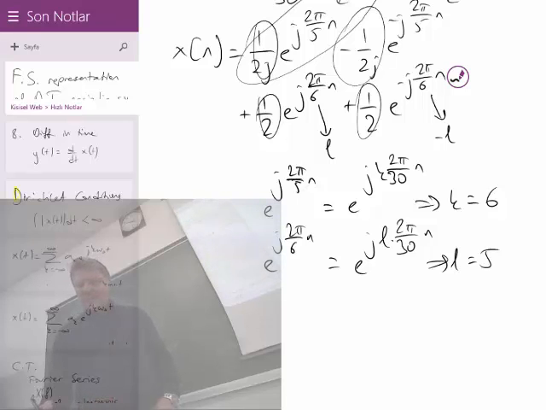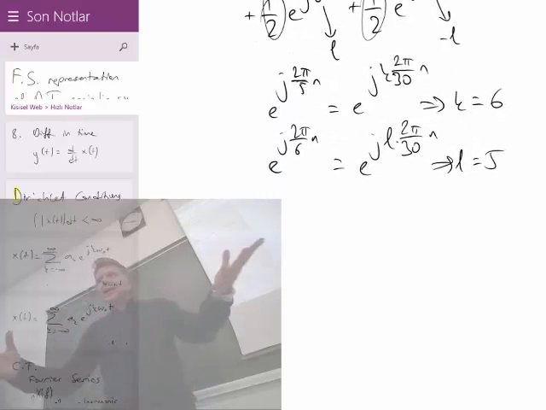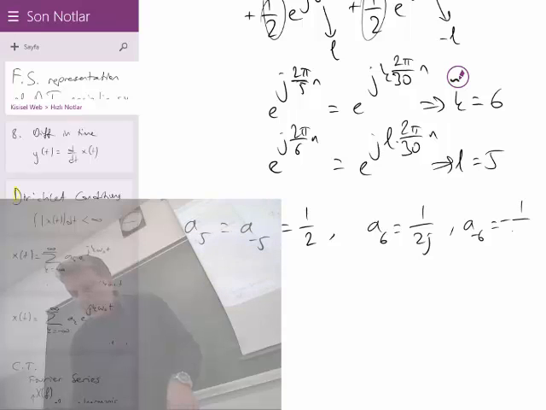And the other 1 over 2 is L equal to minus 5, minus fifth. So you can give the answer like this: A5 is equal to A minus 5 is equal to 1 over 2. A6 is equal to 1 over 2j. A minus 6 is equal to minus 1 over 2j.